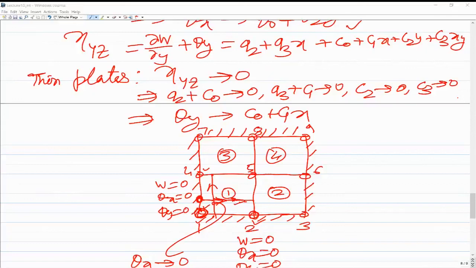So the interpolation of theta x should also be similar. It should have a constant term and be linear in y. In other words, if you use 8-noded interpolation for w, del w by del x would be linear in x, and then the theta x interpolation should be linear in x. So that is known as consistent interpolation. I'm going to discuss that in detail in the subsequent classes. Okay, sir. Thank you, sir.